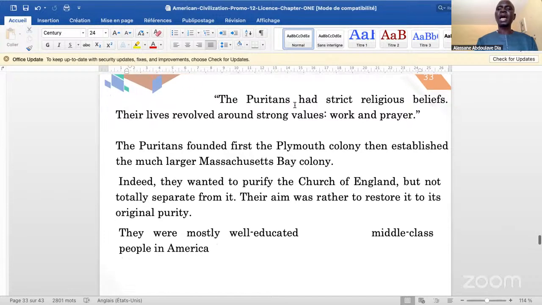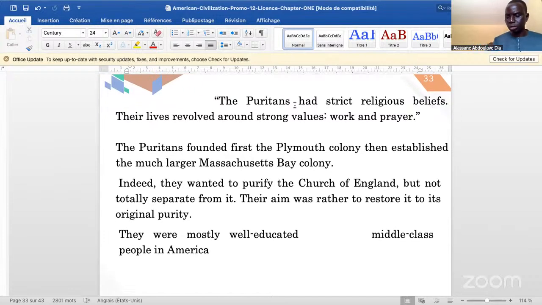So the Puritans had strict religious beliefs. When the Puritans arrived in America, they had their own beliefs. What were the beliefs? The Puritans lived lives revolving around strong values. If I ask you what the values of the Puritans were, it was work and prayer. They believed in hard work and they believed in prayer because they worshiped God.